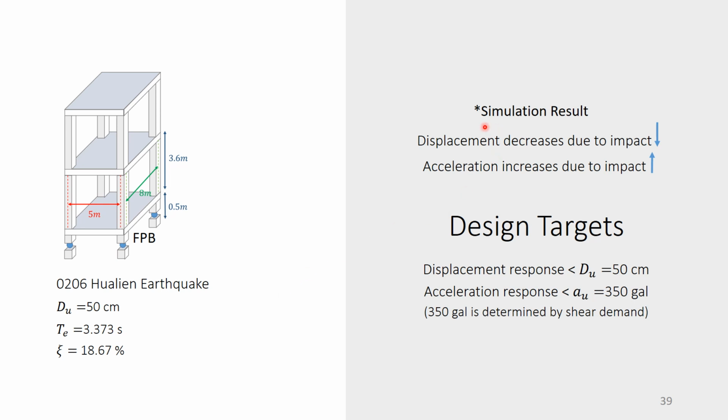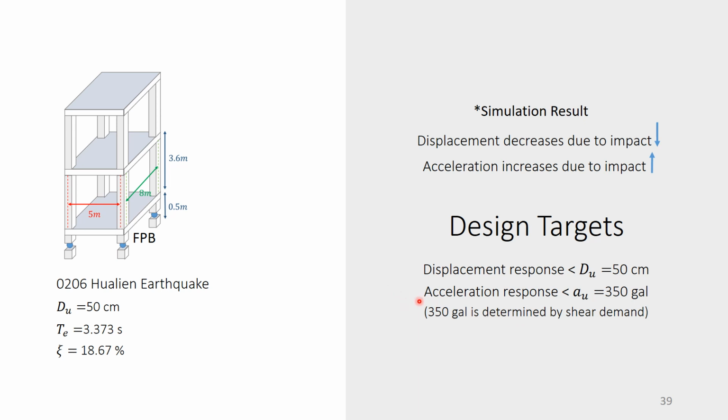We can see from the simulation result that the displacement will decrease due to the impact, and simultaneously the acceleration response will actually increase due to the impact. So there are some design targets that we have to satisfy. First, after installing the displacement restraint mechanism, the displacement response is hoped to be less than the ultimate displacement, du equal to 50 centimeters.